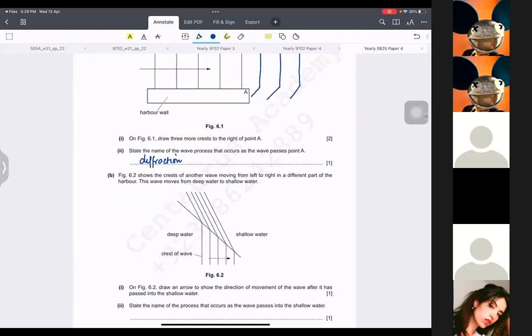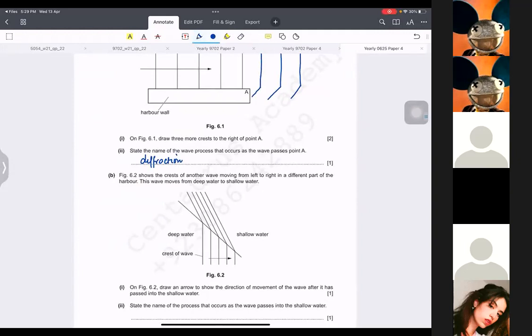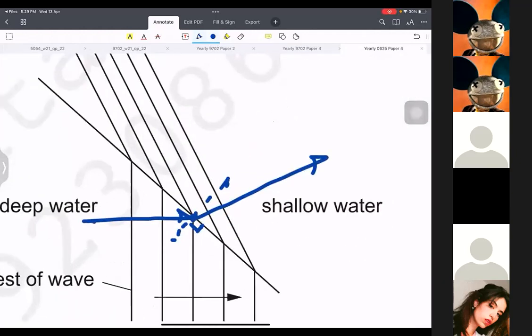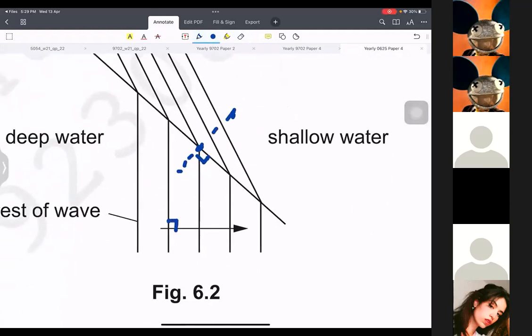It shows the crests, and the wave is moving from deep to shallow. Draw an arrow to show the direction of movement of the wave. So basically what you do is, from deep to shallow, it bends towards the normal. So at this point, you draw a normal line, which should be 90 degrees to the surface. This is the direction of the wave. Now, how do you know where to make the arrow? Please understand this. The movement is always 90 degrees to the wavefront.